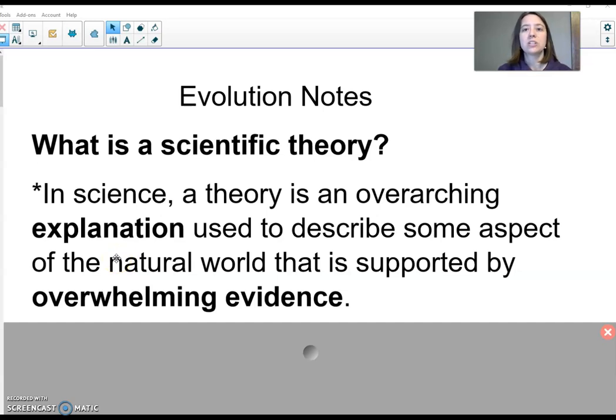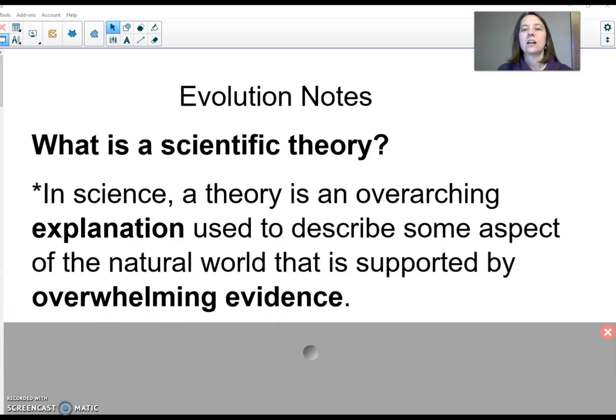A scientific theory is much different than saying, I have a theory or I believe this. So it's used to describe some aspect of the natural world, and it is supported by overwhelming evidence. So it's not a prediction, it's something that has a lot of evidence to back it up. Another thing we're going to talk about is the difference between laws and theories.